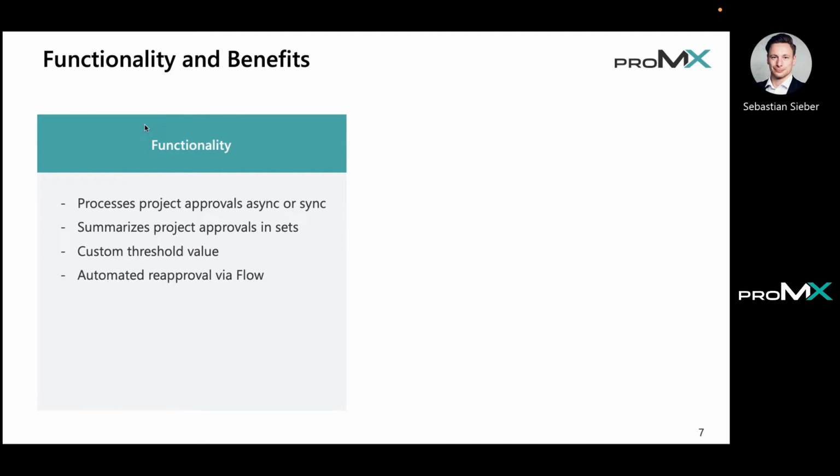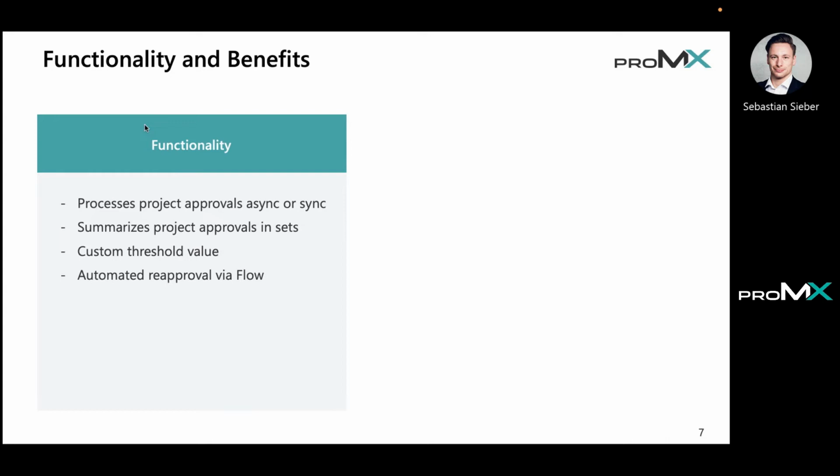And what's happening in the background is, if I select my approvals as a project manager and I reach a certain number, those approval sets will then be processed asynchronously in the background. So they will be removed from my current view where I approve my records, and will move to the background.